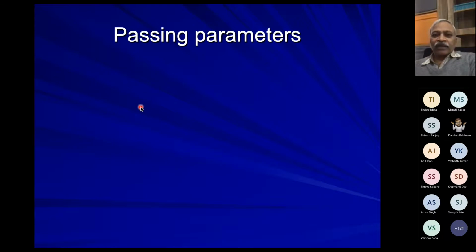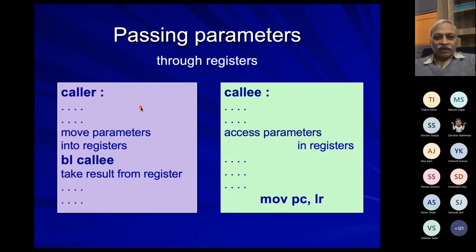But before we do that, let's look at how parameters are passed. So one method of passing parameters is to use registers. And this picture illustrates. So I'm using the terms caller and callee. Caller is the part of the program which is making a call.